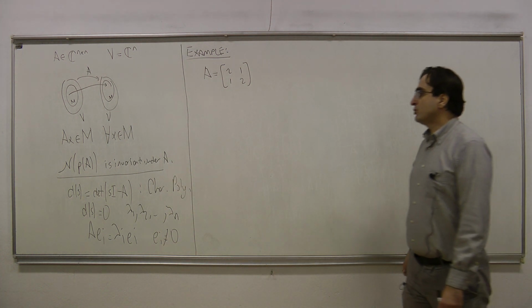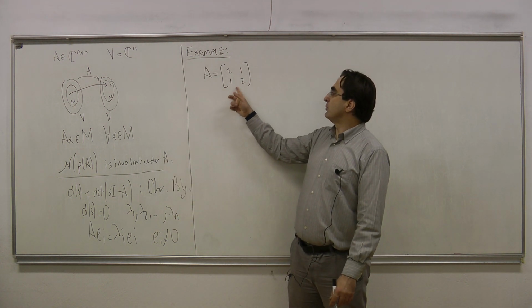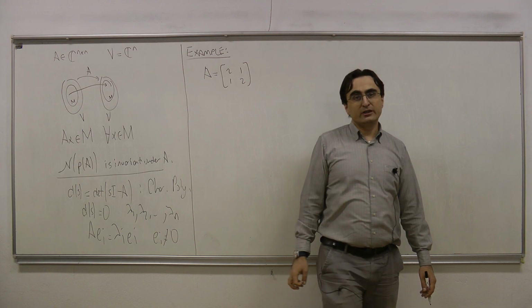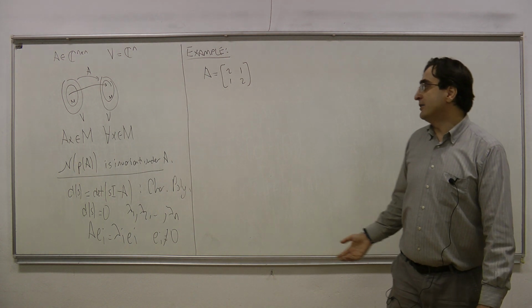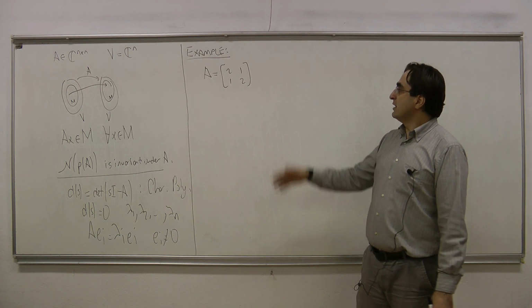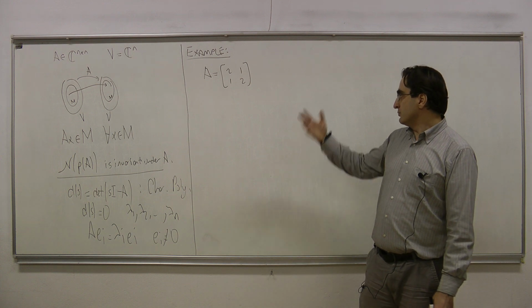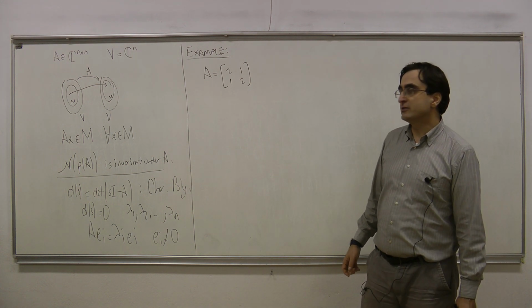This concept is going to allow us to select basis vectors for the domain and the codomain of this linear transformation. When we select those basis vectors cleverly, we will be able to simplify this matrix with a simple matrix representation.